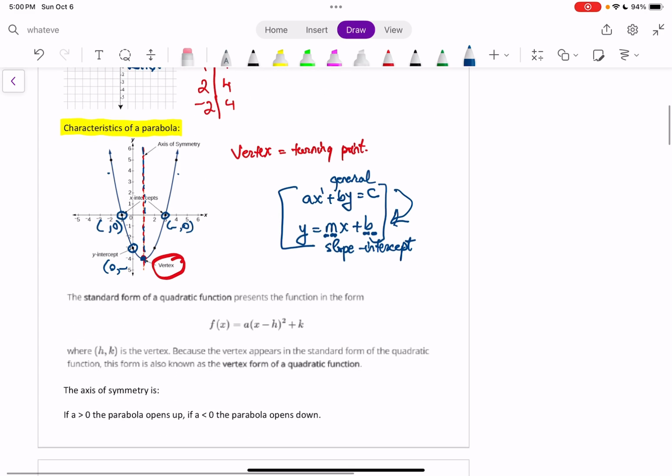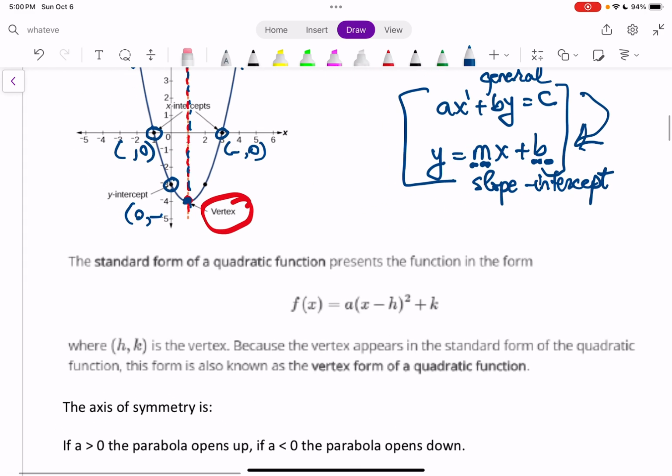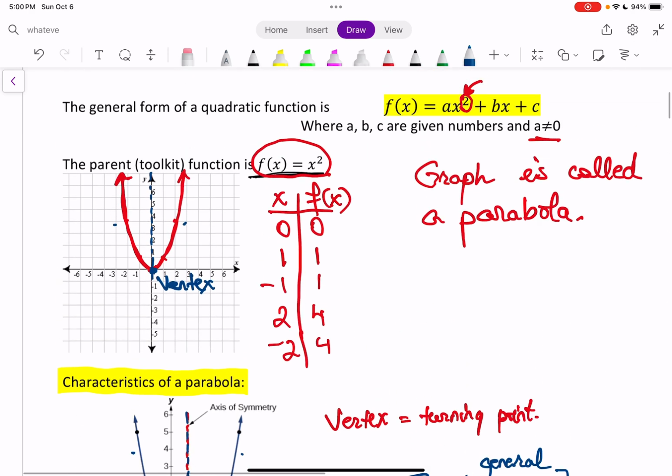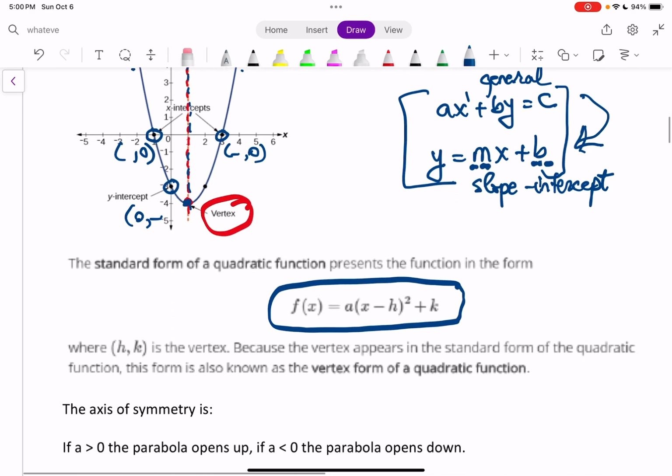Same thing, we can modify the general form of a quadratic function into this format of it. Again, we can factor out the a. It's called the completing the square method that gets us there. So we can do some factoring, things like that, and put the equation in this format.